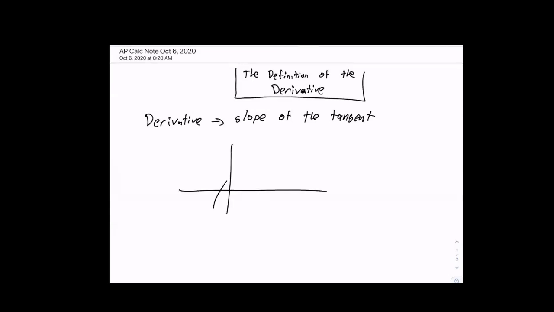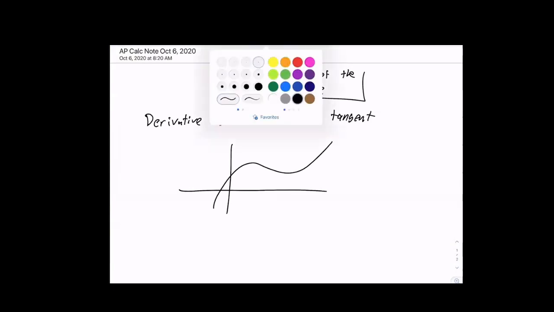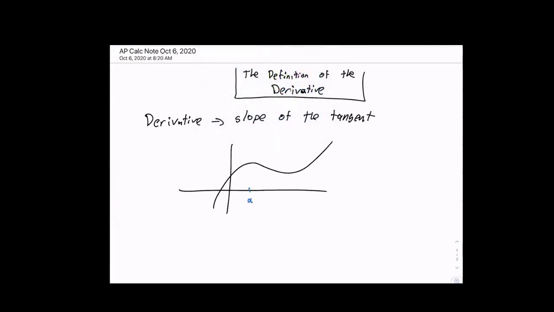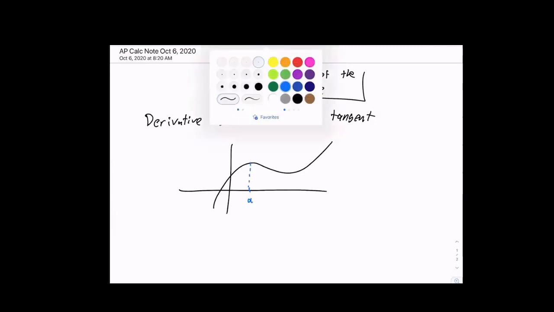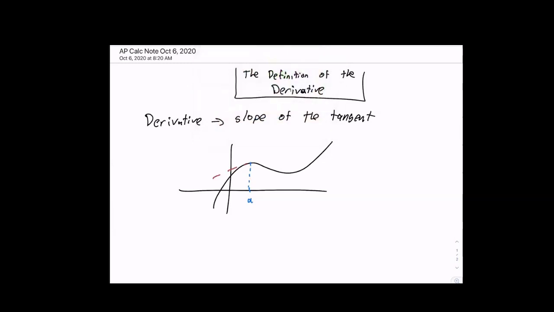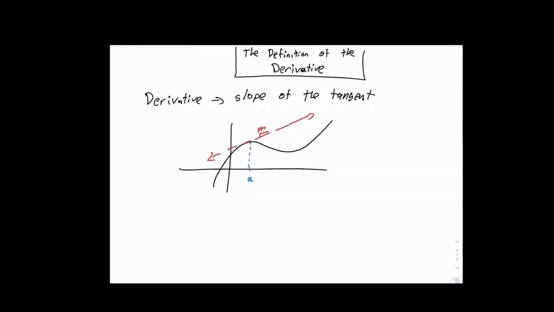So our goal, and a lot of what we do in calculus, is that we have some value a, it might be like x equals 3, and we want to know at this point what is the slope of that line. That slope of the tangent line is very important for us.